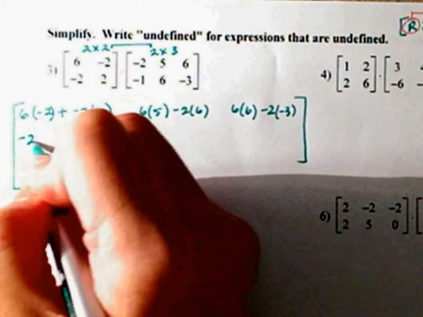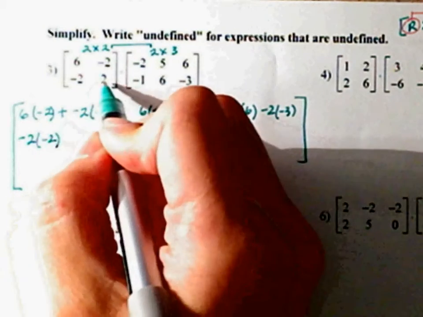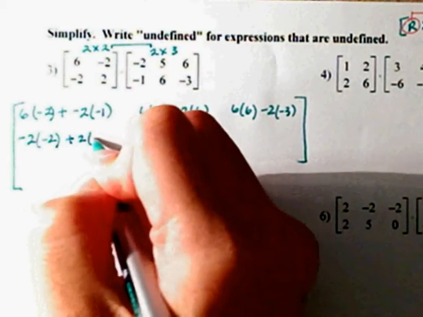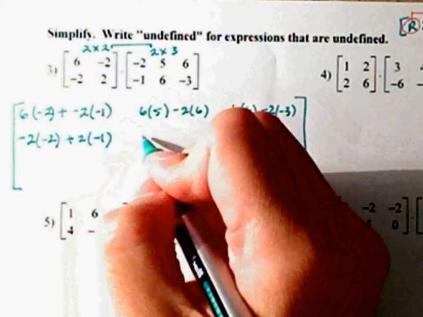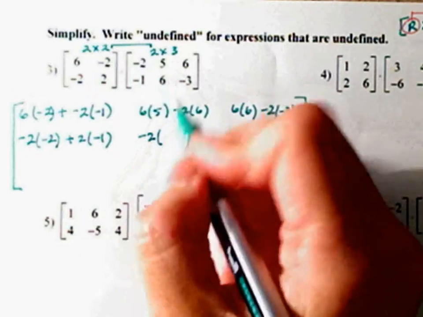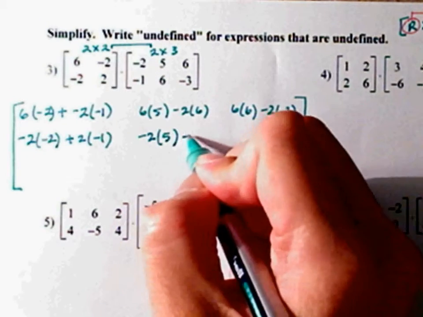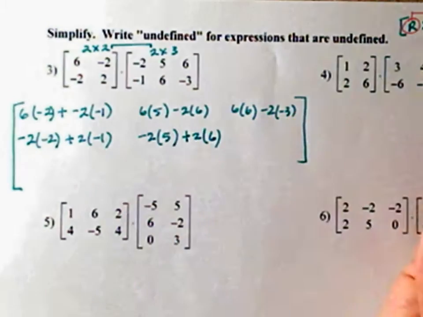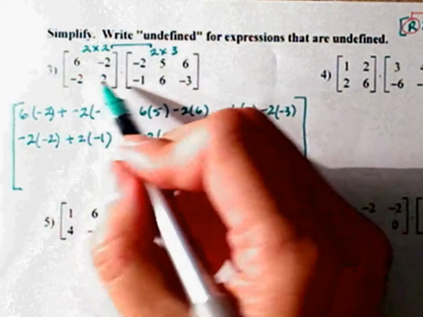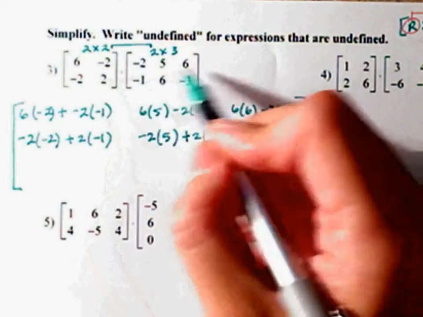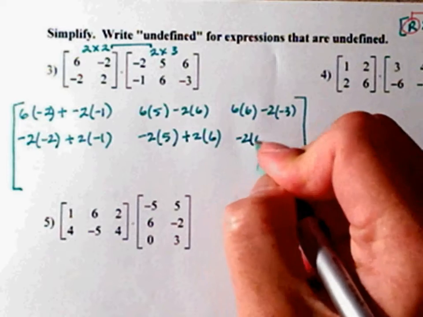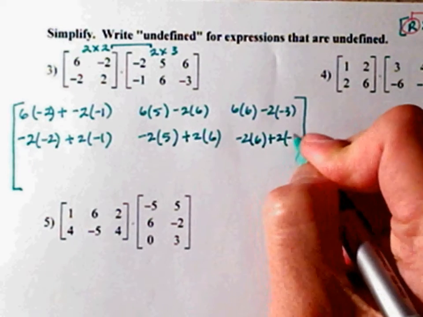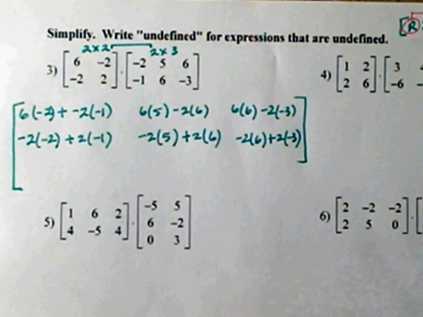So negative 2 times negative 2 plus 2 times negative 1. Negative 2 times your second column plus 2 times 6. Okay? Second row, third column. Negative 2 times 6 plus 2 times negative 3. And there you have that.